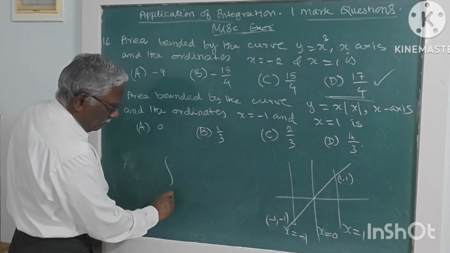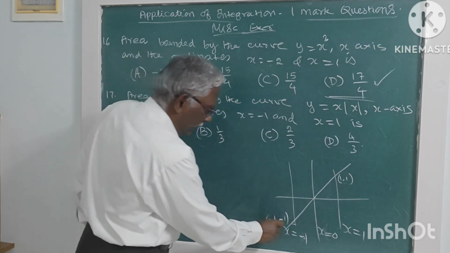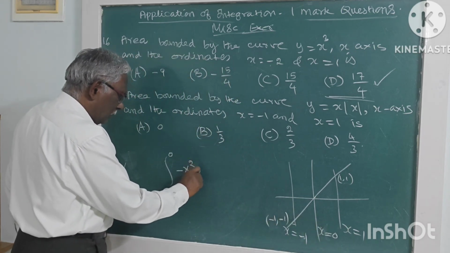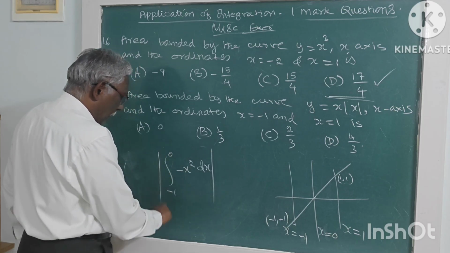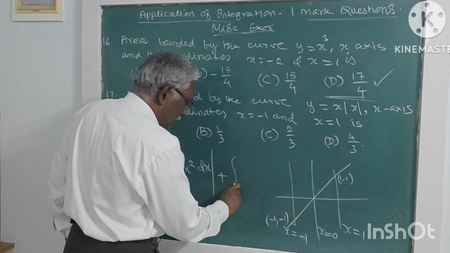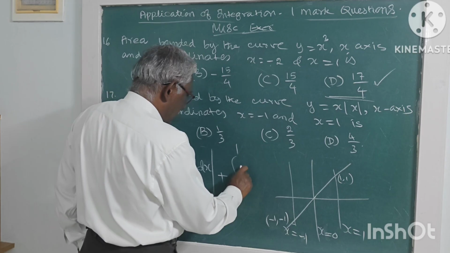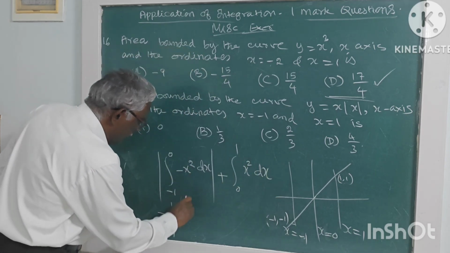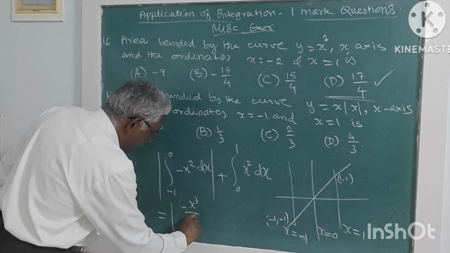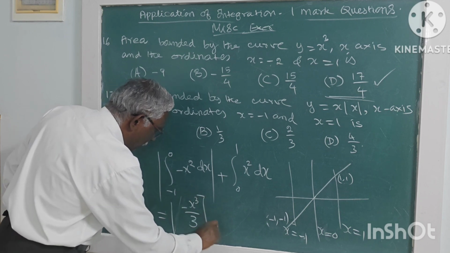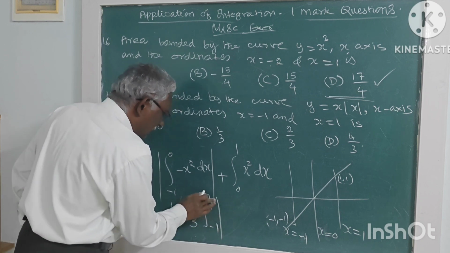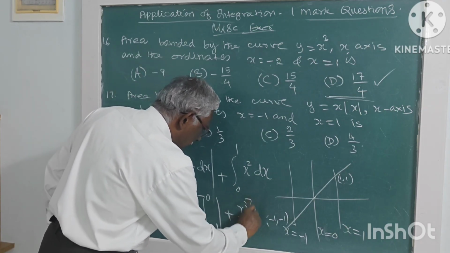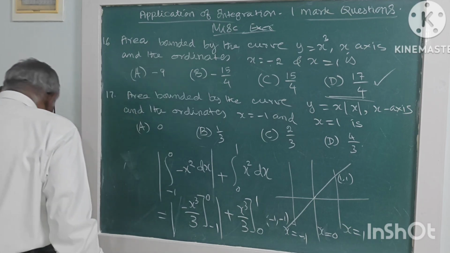So integral minus 1 to 0 of minus x square dx, plus integral 0 to 1 of x square dx. That is minus x cube by 3 from minus 1 to 0, modulus, plus x cube by 3 from 0 to 1.